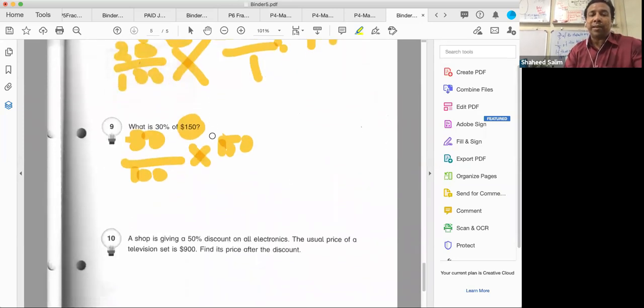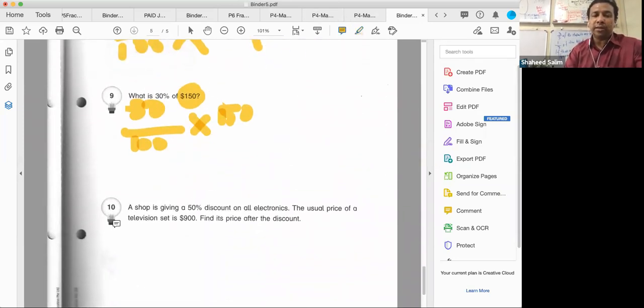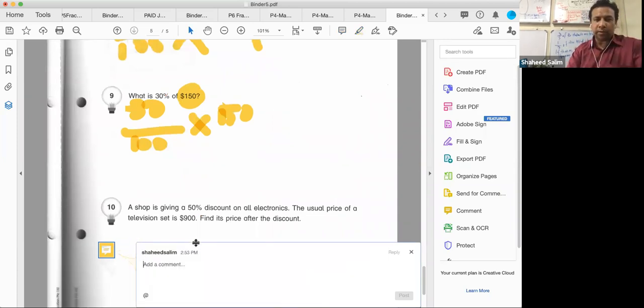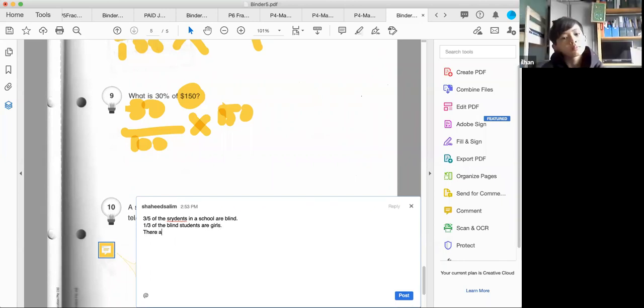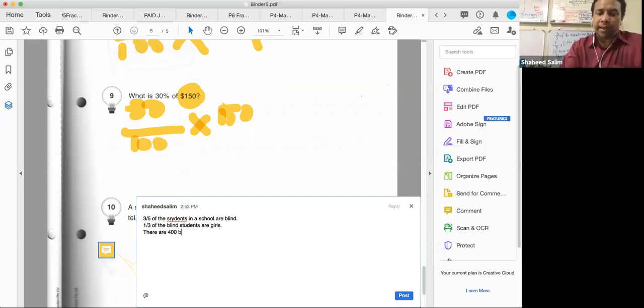Okay, I'm gonna type it down for you so that you can see very clearly. Now, 3/5 of the students in a school are blind. Now, 1/3 of the blind students are girls. There are 400 blind boys.